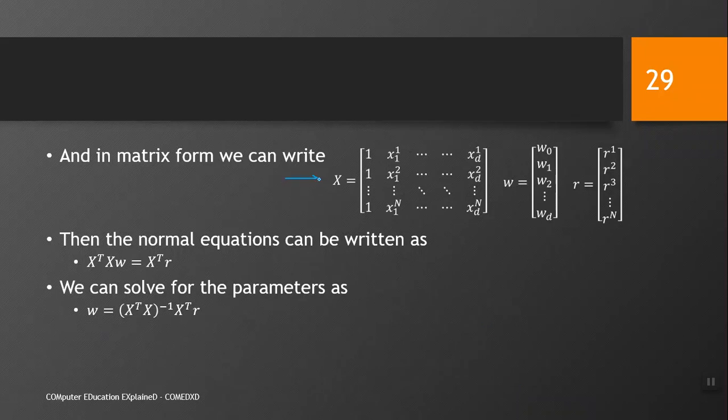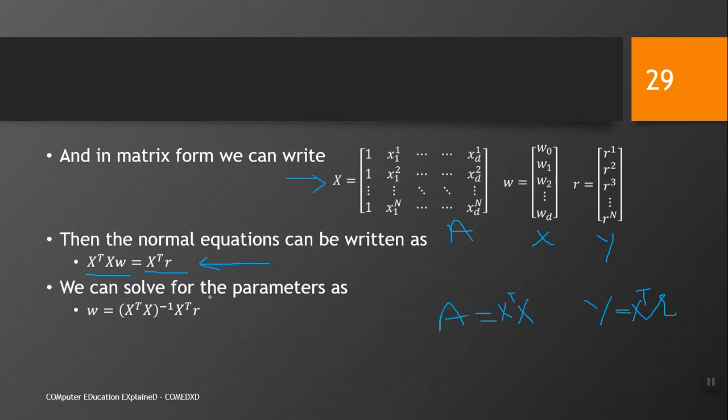It is simple to transform those equations into these matrix forms. Then the normal equation can be written as X transpose X w is equal to X transpose r. We have previously seen that if we denote it with A, and this as y, we can write A as X transpose X and y as X transpose r.